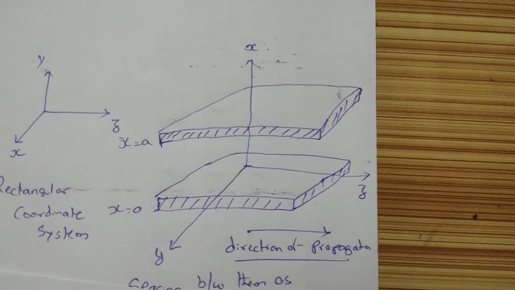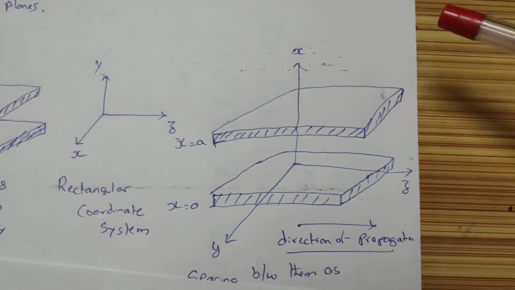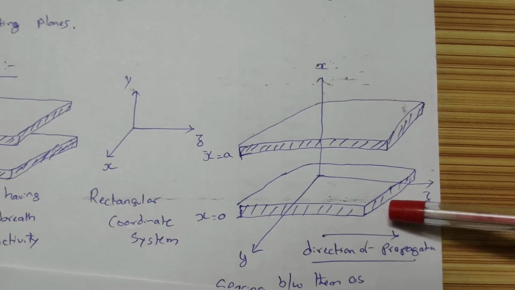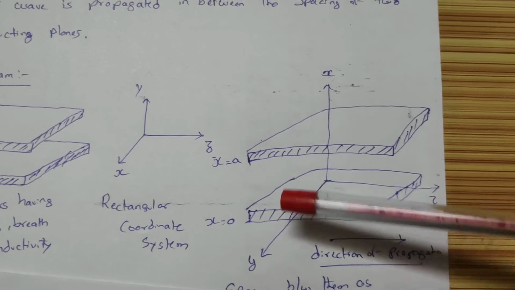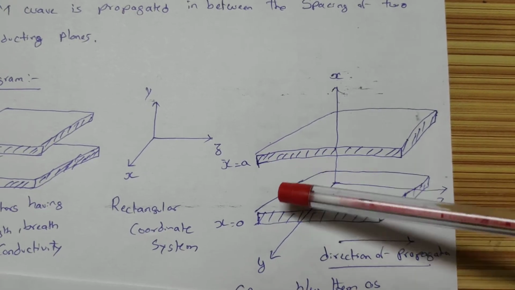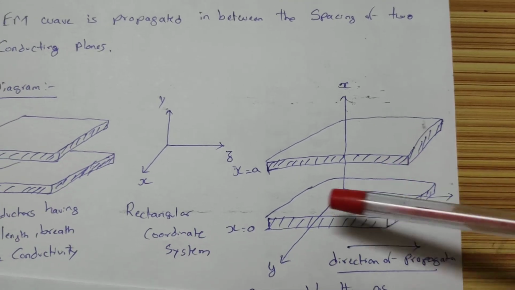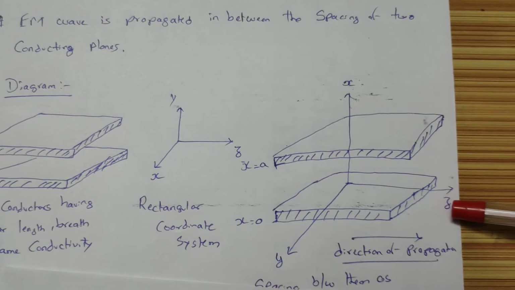Okay, now let us see the complete physical structure. Consider two planes which are separated by a distance, say x is equal to 0 to a. In between these two planes, an electromagnetic wave is going to be propagated, and the wave is going to be propagated in the direction of the z axis.